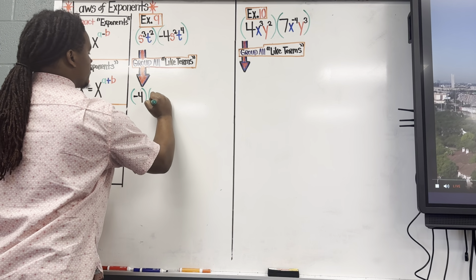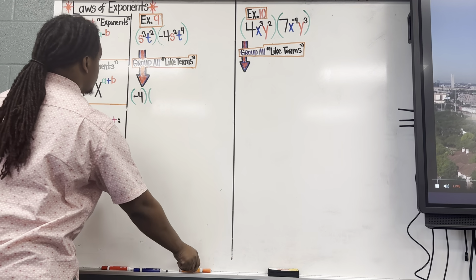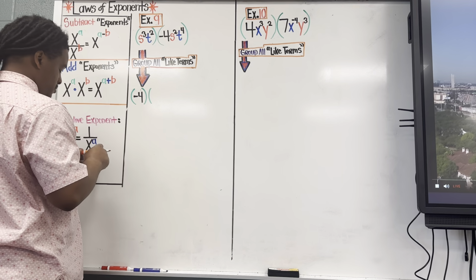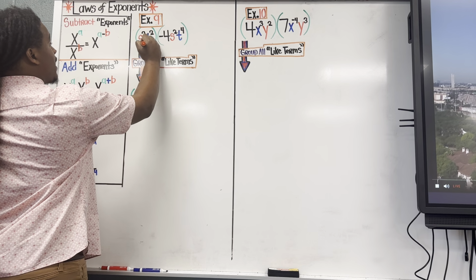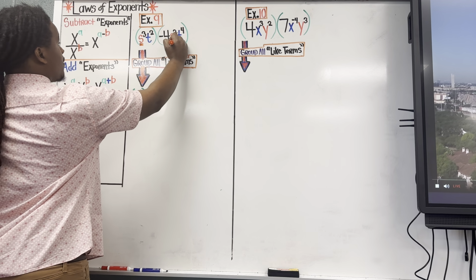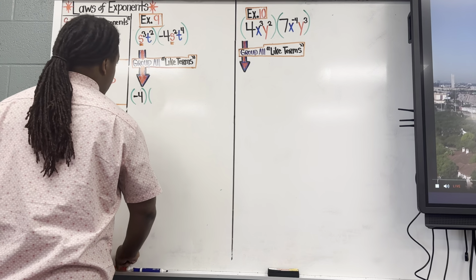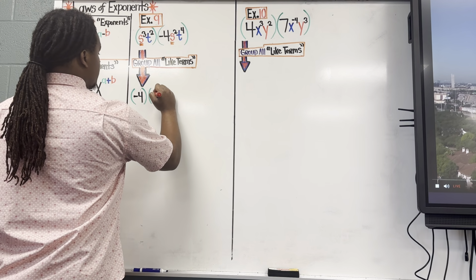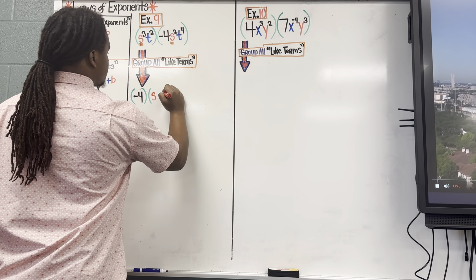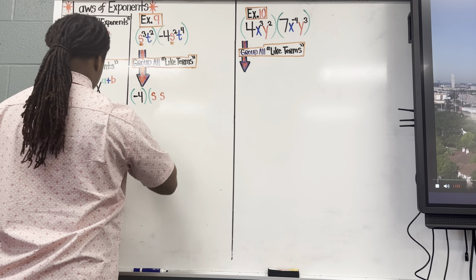Now, the next part is we're going to combine the s's. Over here I have s to the 3rd power, and here I have s to the 2nd power. So inside this parentheses is going to be s to the 3rd power times s to the 2nd power.